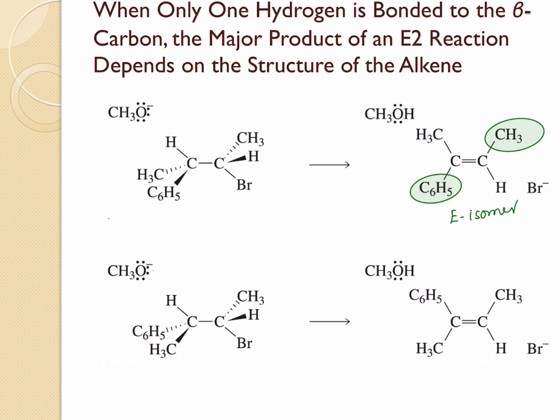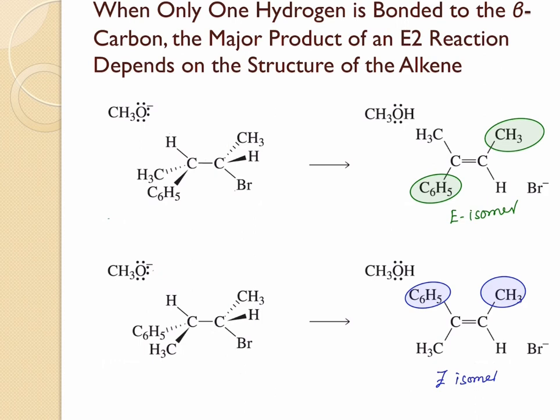Here is one more example where you can see that the Z isomer is formed. Here again, this is your alpha carbon, this is your beta carbon, and there is only one beta hydrogen. This beta hydrogen will be abstracted by the base, and the electrons are going to come in to form the double bond. The Br is going to leave, but in this case, it leads to the formation of the Z isomer, where the two bulky groups are on the same side of the molecule.